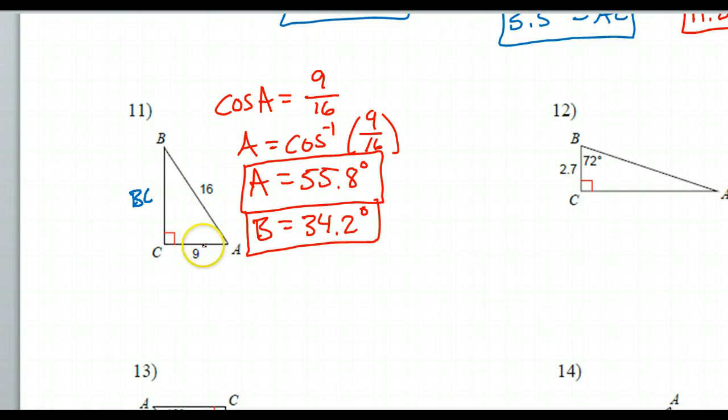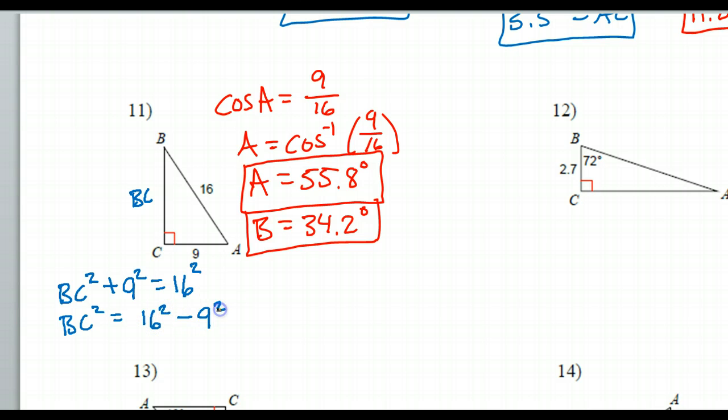Pythagorean theorem. We're given two sides, so let's go BC squared plus 9 squared is equal to 16 squared. That means BC squared is going to equal 16 squared minus 9 squared, because I subtracted. And then I need to take the square root.